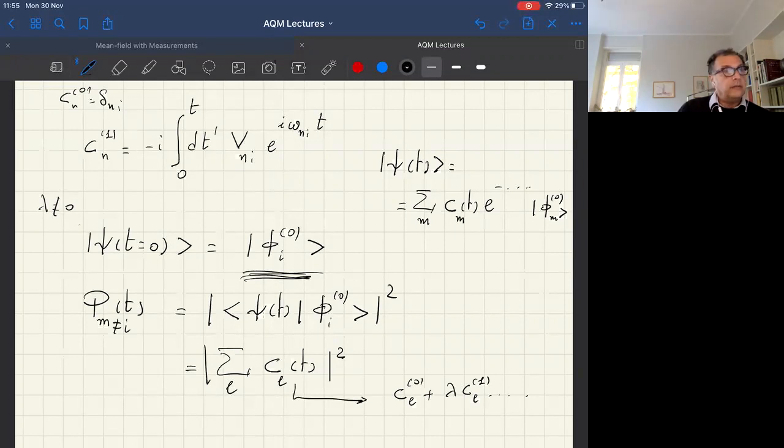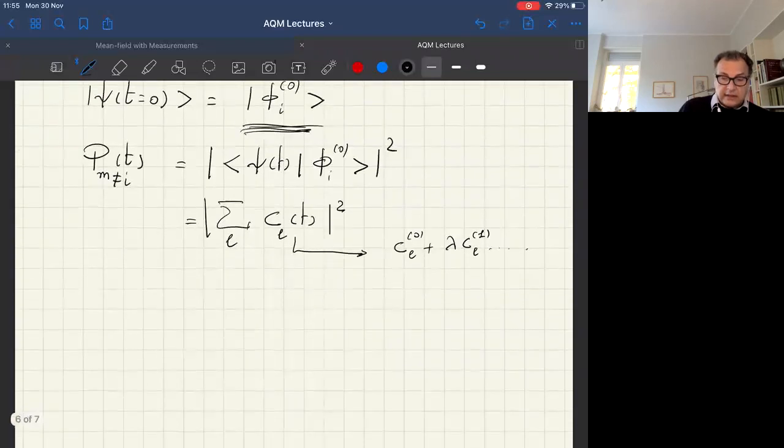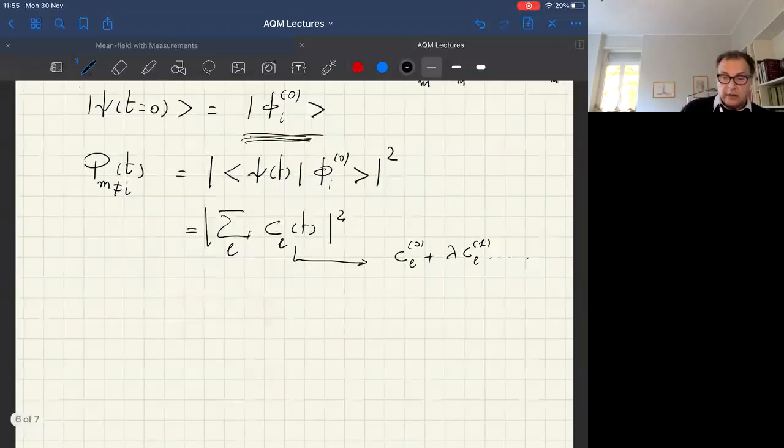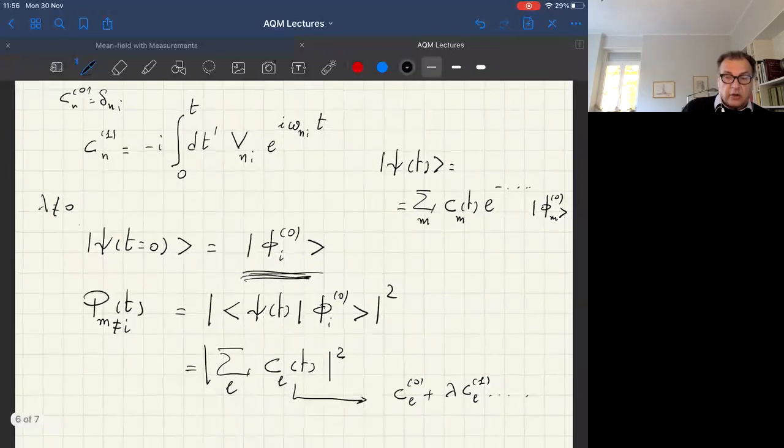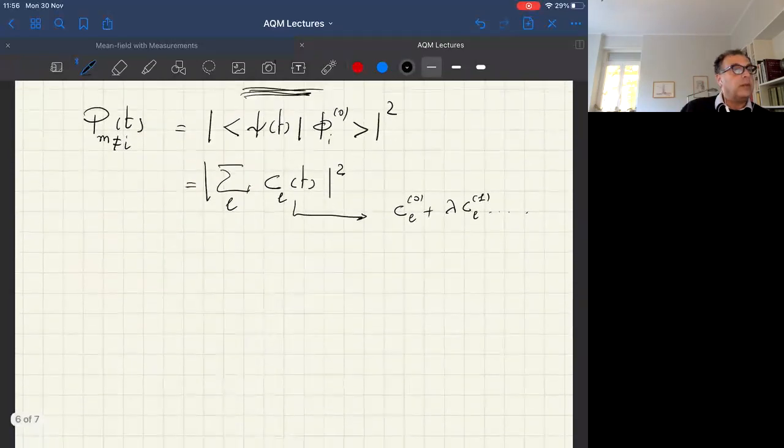I take the square, and then I just determine what is the probability that the system is found in the state m different from i. Well, this is nothing else than C1, because at zeroth order there is no possibility to jump to another eigenstate. So this probability for m different from i of t, to first order, is nothing else than lambda squared.